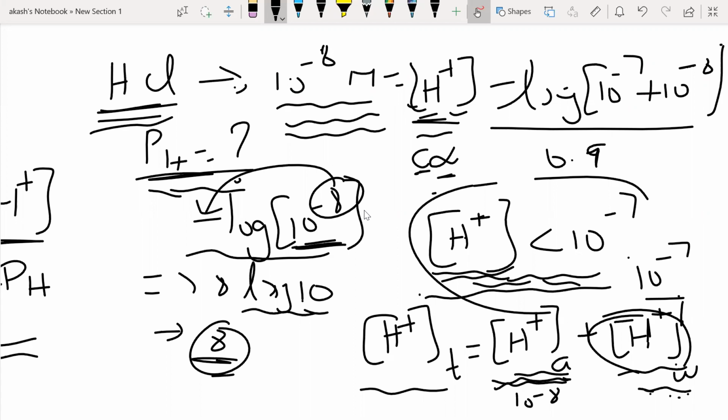Now they're asking, find its ionization constant. So the pH value of 0.08 M HOCl is 2.85, and they're asking you to find the ionization constant of this acid HOCl. So they're asking you the Ka value.